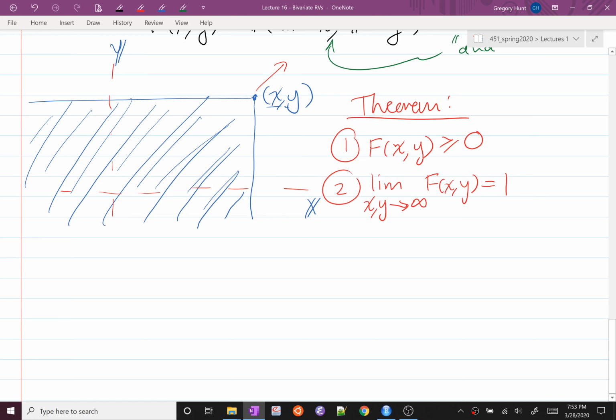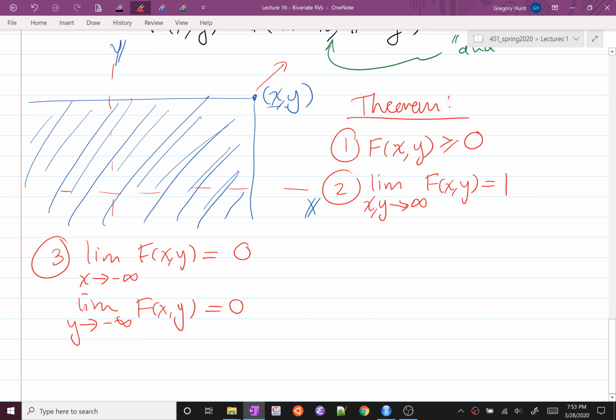And in the univariate case, it was just the limit as x goes to infinity of F of x is 1. Third property is that if I look as x goes to negative infinity, that will give us 0. Or analogously, as y goes to negative infinity, F of x, y goes to 0.